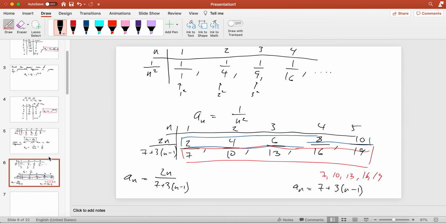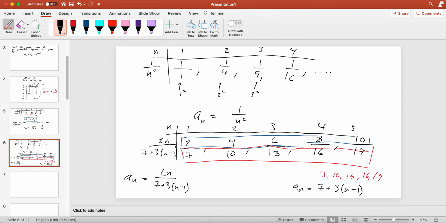Now if I asked you, hey, what's the 100th term of this sequence? A sub 100 is going to be 2 times 100 all over 7 plus 3 times 100. Let me ask you for the 101st term instead, just so that the numbers turn out nice.